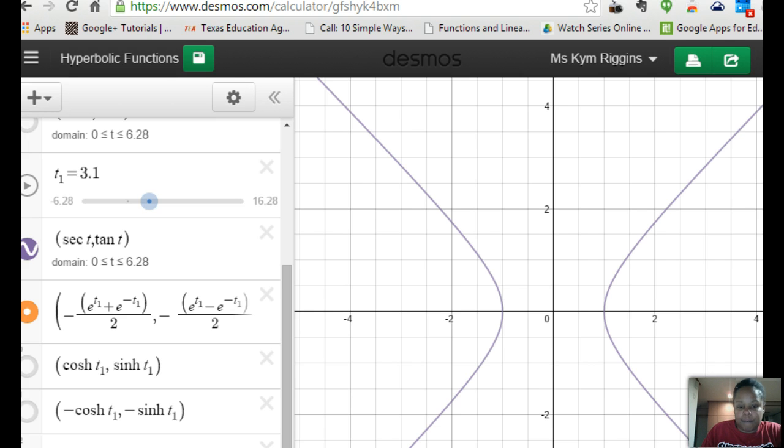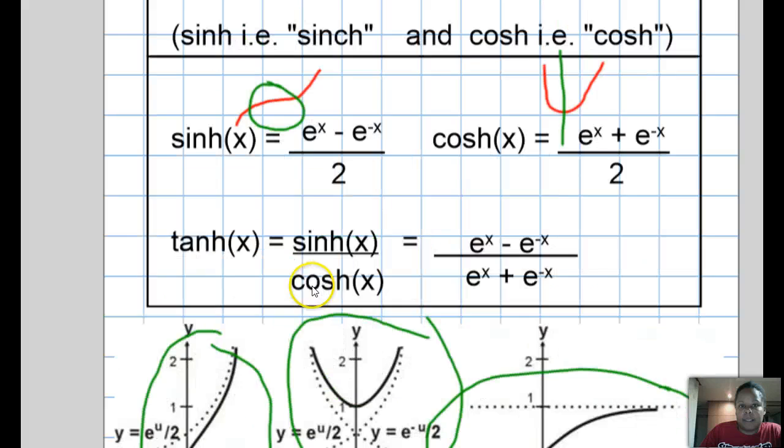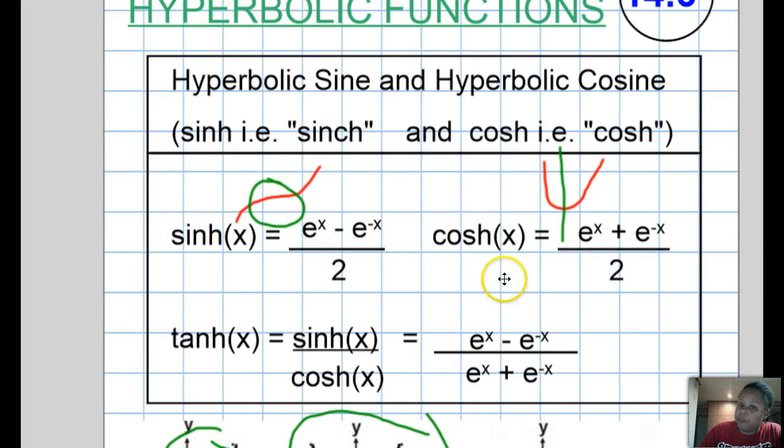So let's formalize or summarize what you need to be able to do for the skill. So you should definitely know how to parameterize a branch of the hyperbola using the hyperbolic functions of cosh and sinh. And you can use this notation, because this notation is basically the same thing as this notation, or you can use this notation.